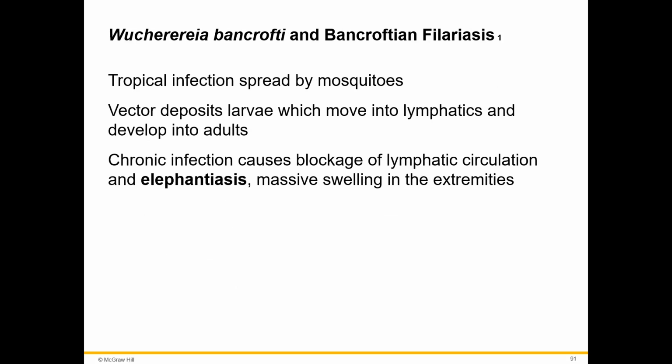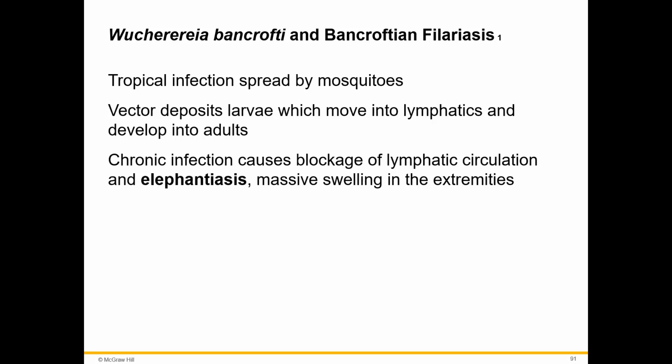Let's go into this a little further. Wuchereria bancrofti, or Bancroftian filariasis, is a tropical infection spread through mosquitoes. Basically, this mosquito will deposit the larvae of this parasite into the human.